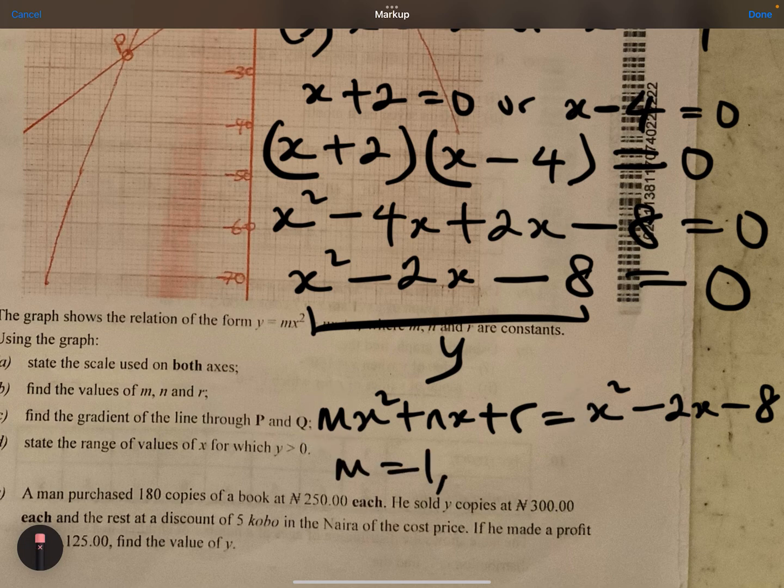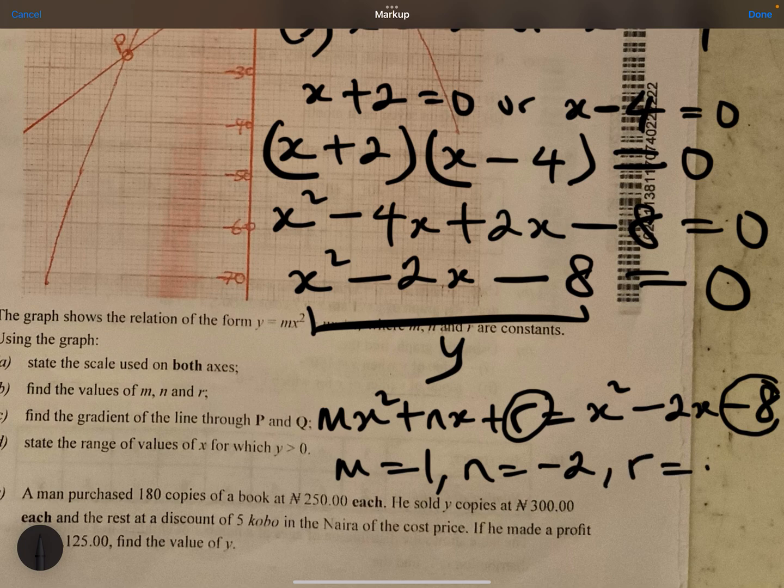Now, comparing the coefficient of x, the coefficient of x on the left hand side is n, and on the right hand side is minus 2. That simply means n equals minus 2. Now, comparing the constants, the constant on the left hand side is r, and on the right hand side is minus 8.